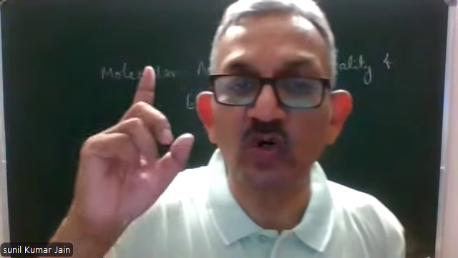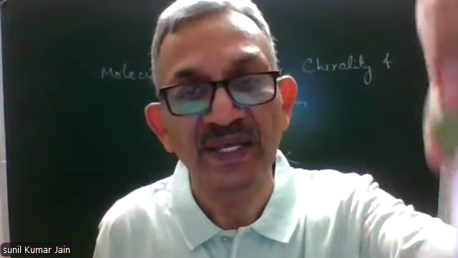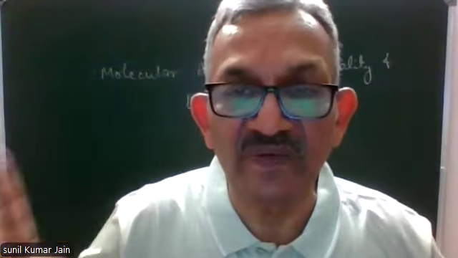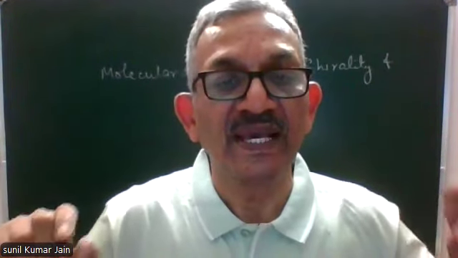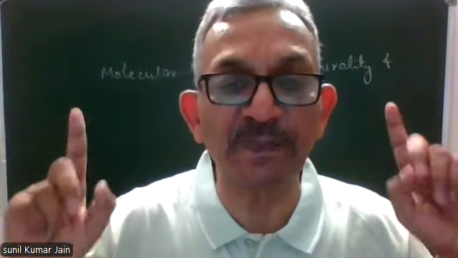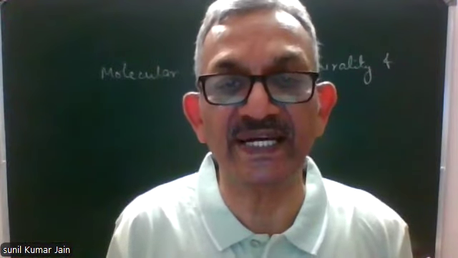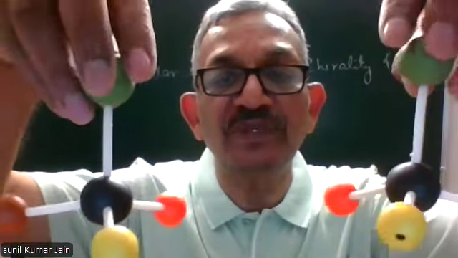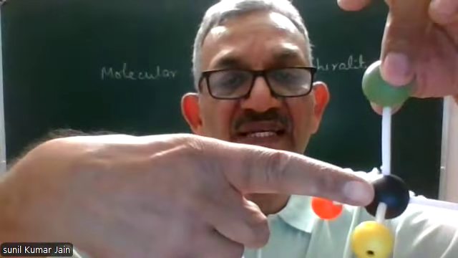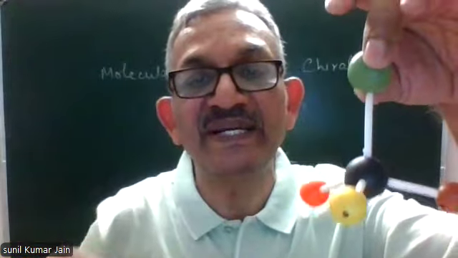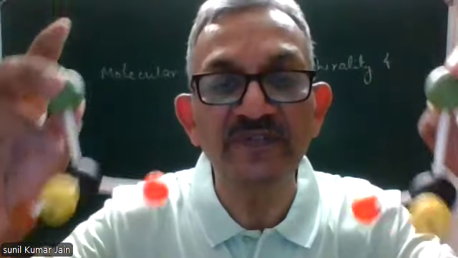Remember, if there is only one chiral center in the molecule, like in this case, it will always be non-superimposable on its mirror image. It will always be optically active. Out of these two mirror image molecules with one chiral center, one will be dextrorotatory and the other will be equally levorotatory.